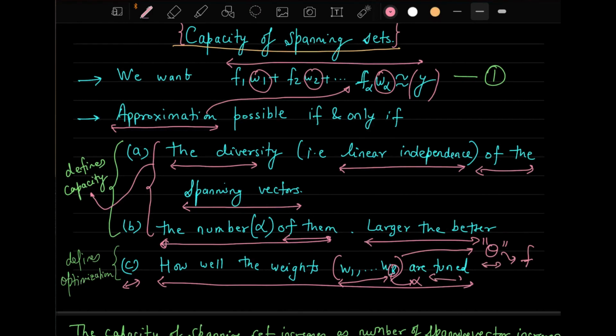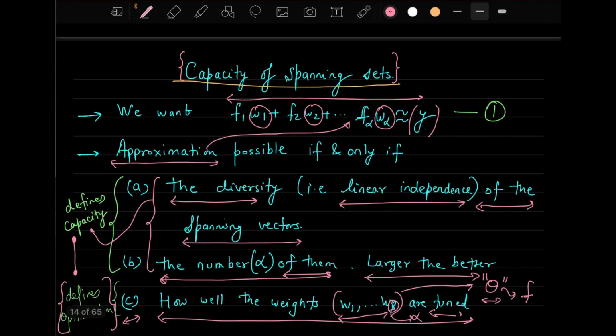This tuning of the parameters will be done using optimization strategies, which we will discuss later. But the capacity as a whole of the spanning set can be defined in the first two terms. Is it okay? Any doubts here?